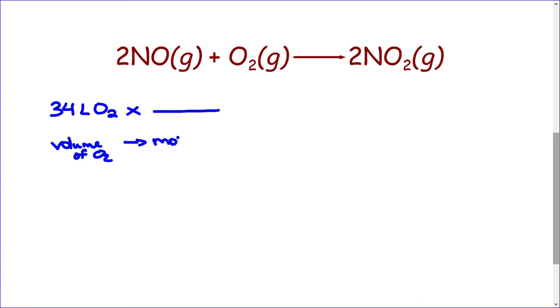Right, so I want to get to moles of O2. Well, we can get to moles of O2 because we know that there are 22.4 liters of anything, of O2, per 1 mole of O2, as long as it's under standard temperature and pressure, which all these questions will be. Once I'm into moles of O2, that's where I need that mole conversion to come in.